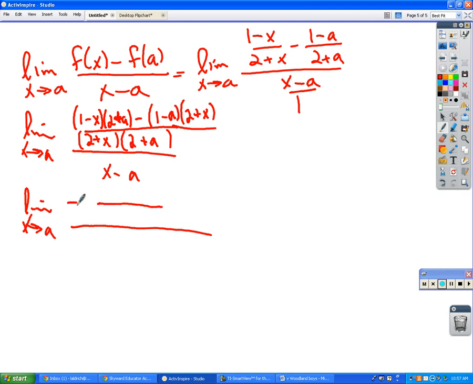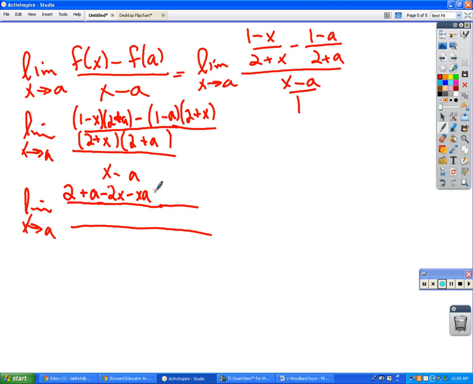All right, so if I FOIL out 1 minus x times 2 plus a, I get 2 plus a, because that's the outside, good, minus 2x is the inside, minus xa is the last.